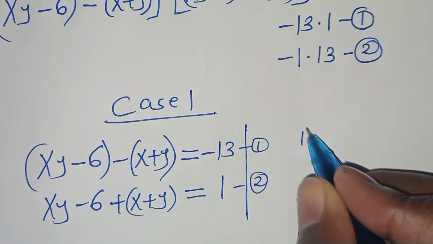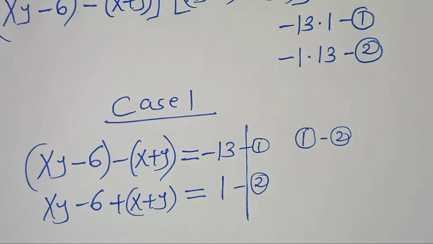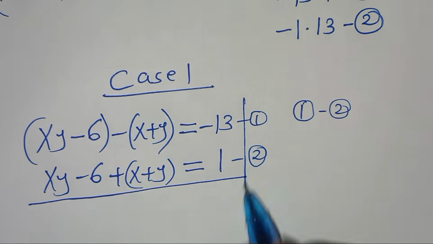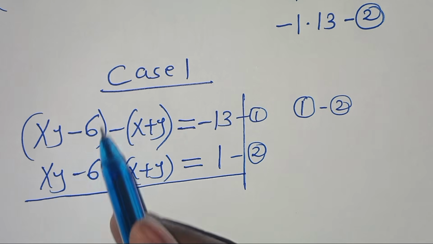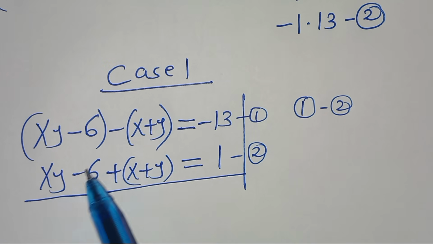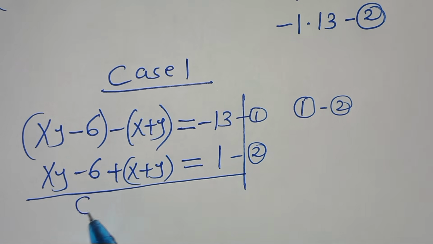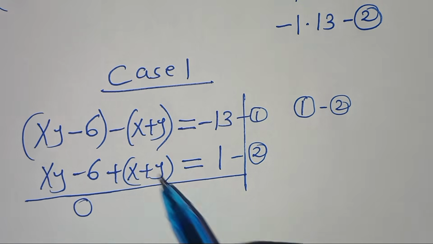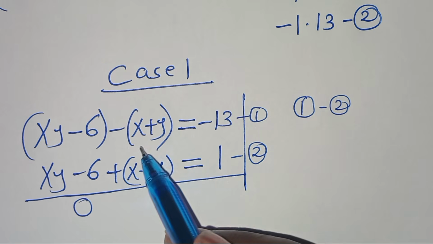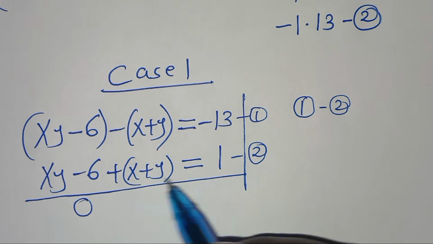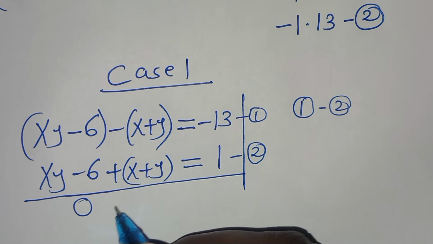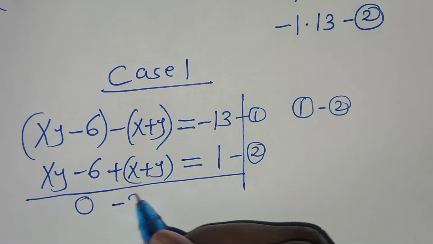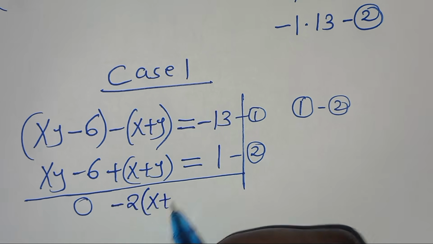So let's subtract equation 1 minus equation 2. This implies that (xy - 6) minus (xy - 6) is the same thing as 0. Then we have -(x + y) - (x + y), which is -2(x + y).